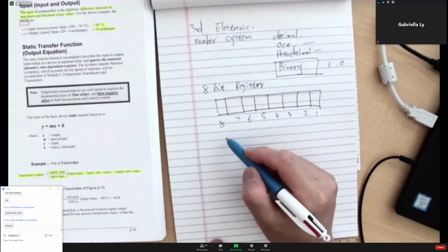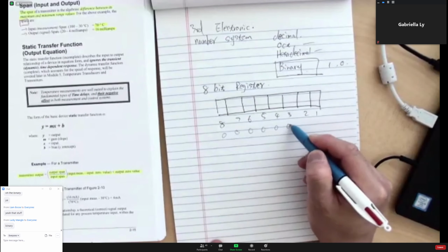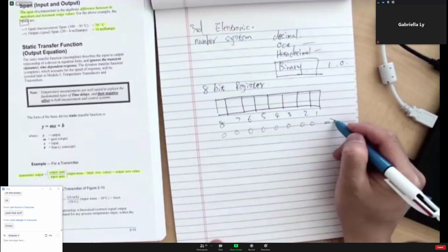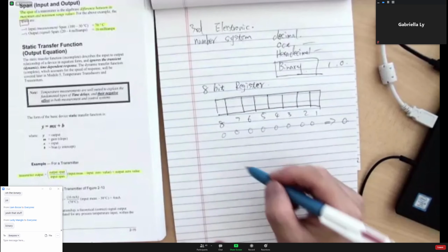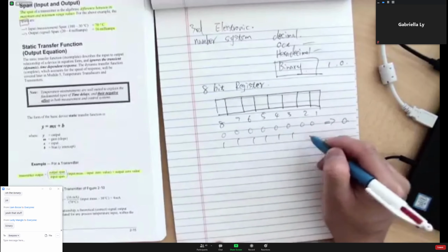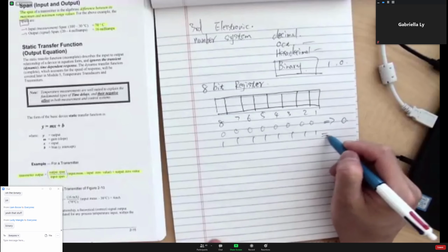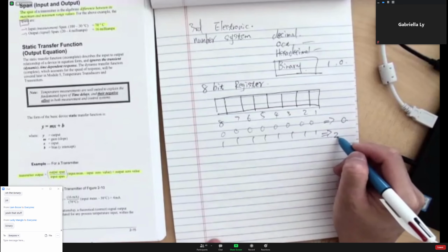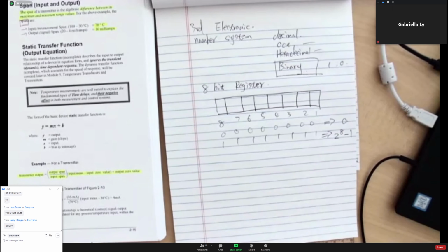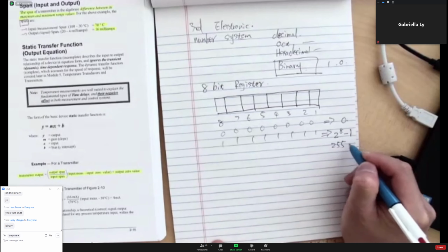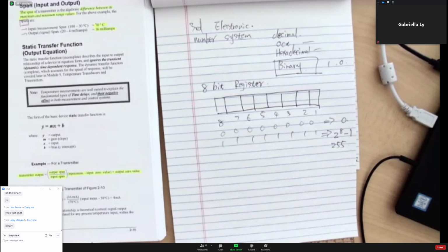So the minimum number is when all are 0, which gives you the number 0. The maximum number you can store is when all are 1. When all are 1, the number is 2 to the power of 8 subtract 1, which gives you 255. That's the maximum number.